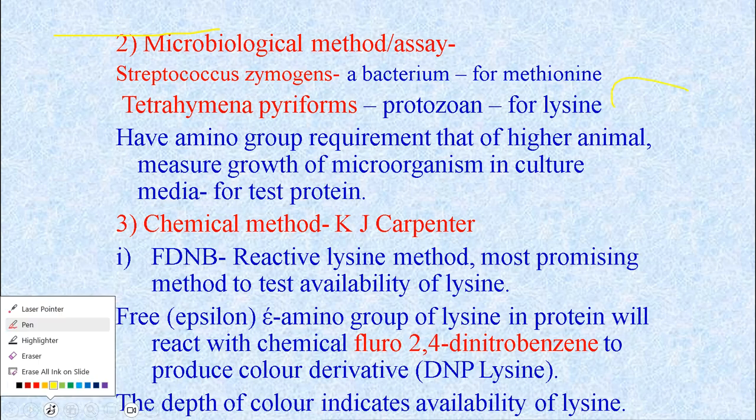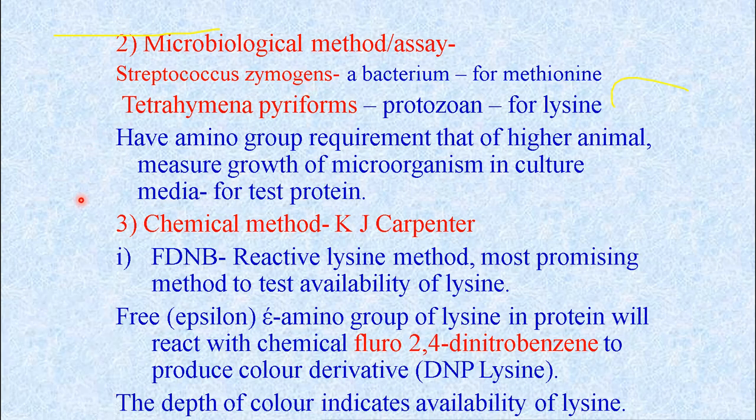So we are utilizing some of the bacteria, like Tetrahymena pyriformis, a protozoan, for lysine estimation. Then we have the amino acid requirement of the higher biological animals, especially measuring the growth of microorganisms in a culture media for the test protein. So this is of course nearer to accuracy.